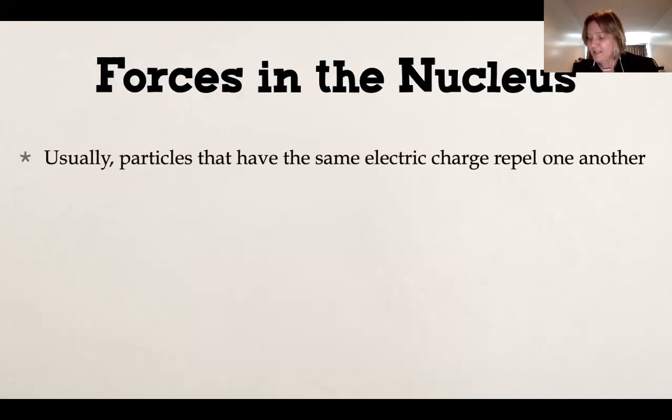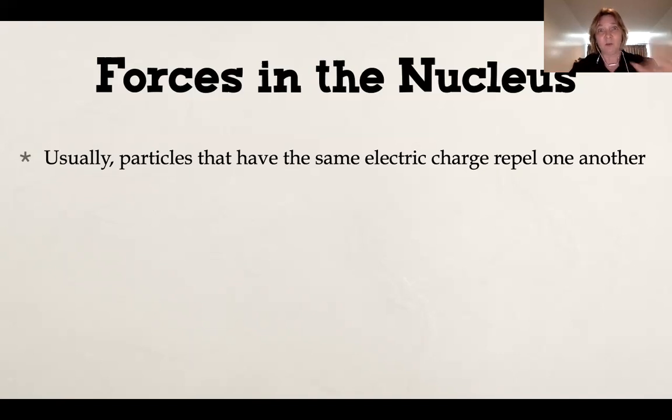One of the last things to consider about the atom is we know that protons and neutrons are in the nucleus. We know that the nucleus contains the majority of the mass of an atom, and it occupies a very, very small volume. And we also know that particles that have the same electric charge usually repel one another. So what is keeping the nucleus together?